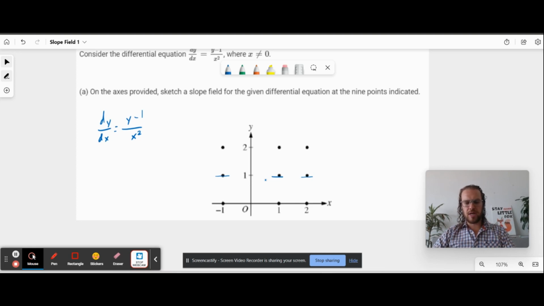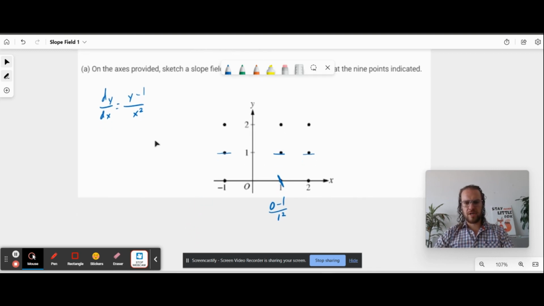So if we go to this one here, we're going to make it so that y = 0 and x = 1. Well, if we're dividing by 1, that's not going to change anything. And so we're literally going to put in the point here: (0 - 1)/1², which is, of course, just -1. So we would have a slope of -1 here. Now, we have an interesting thing going on here because it is over x².